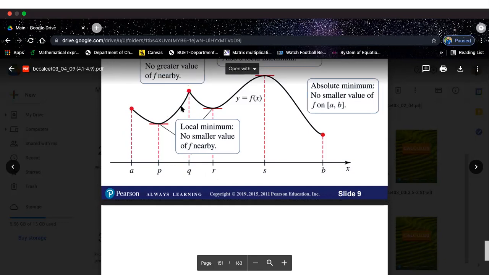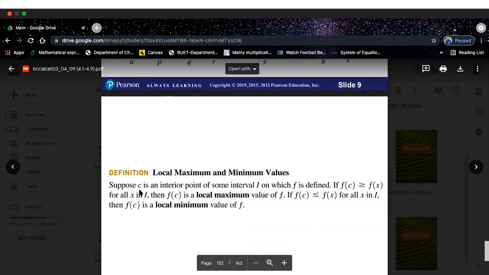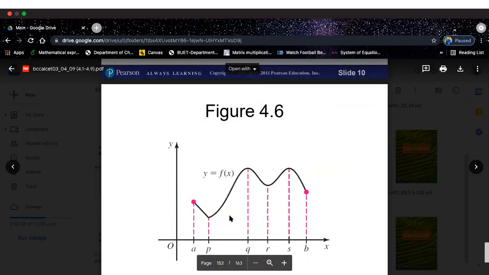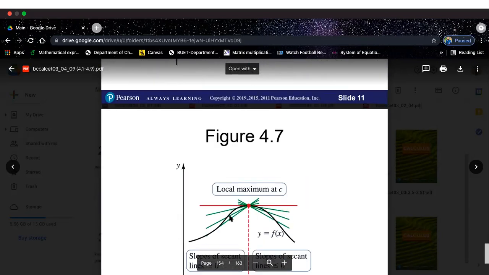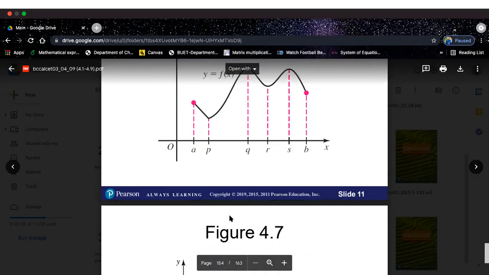If you go both sides, you could see this is the highest functional value on that interval I. Then we say it's the local maximum, and it's local minimum for the other direction. That means if it's the lowest possible point on that interval, then it's the local minimum.